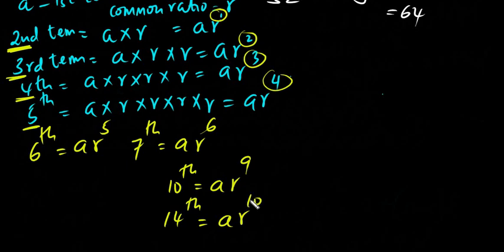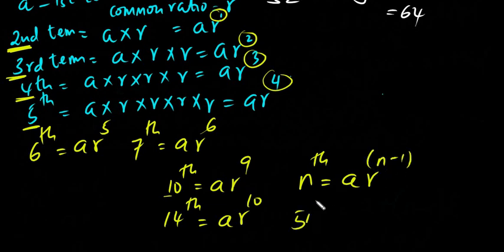Okay? So from this we can come to the conclusion that to get any nth term, where n stands for the position of that term, maybe the 14th term n is 14, the 10th term n is 10, the value of the nth term is going to be AR to power n minus 1.